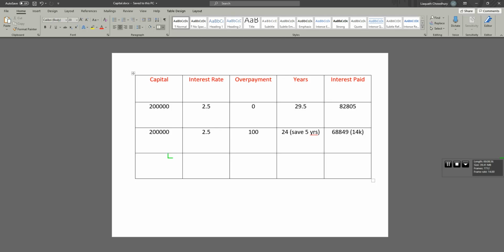So let me update. Of course, the amount is still the same, 2.5%, and we are paying 200 now. We are finishing in 21 years, and we are saving 8.5 years. And how much money are we saving there?